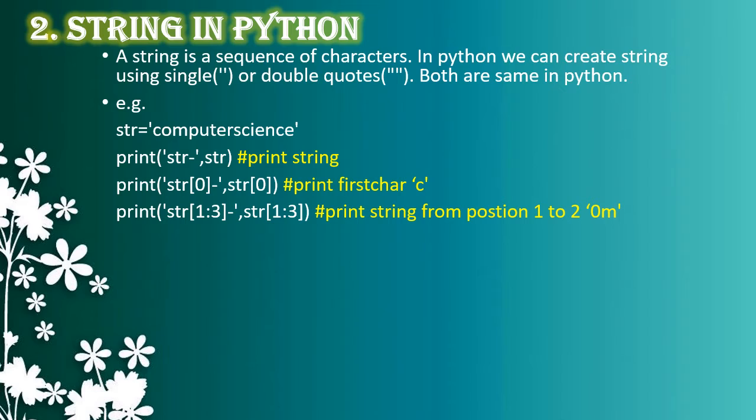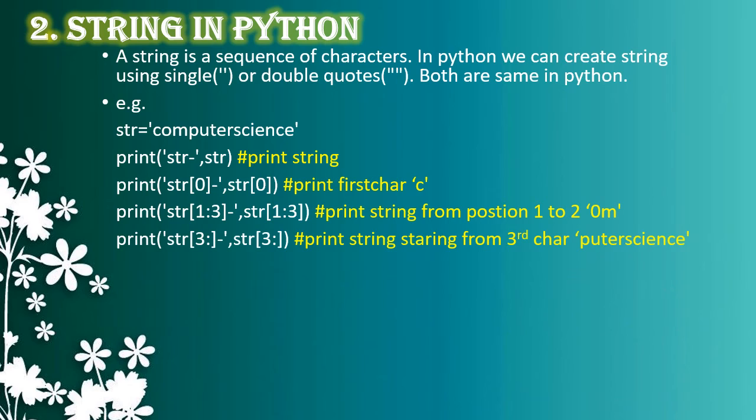And next is slicing. Str of 1 colon 3 means from the first position to 3 minus 1, the end is always minus 1, so the first position to the second position characters are fetched. And next, starting with 3 and colon with no end limit, from the third character onwards will be fetched by slicing and printed.